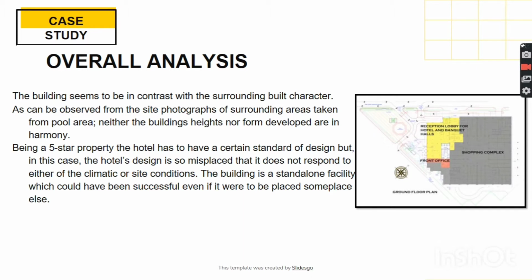The placing of different areas was also learned here, like the placing of MEP areas, the placing of service areas like kitchen, staff area, and the placing of entrance lobby, etc.